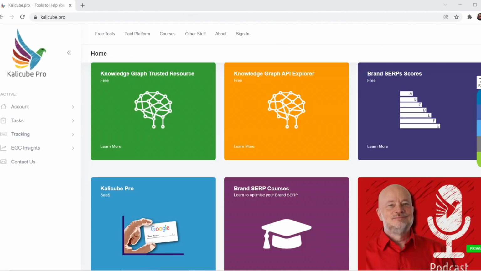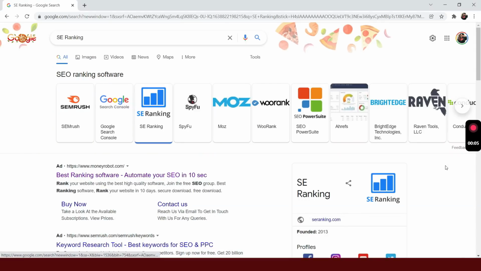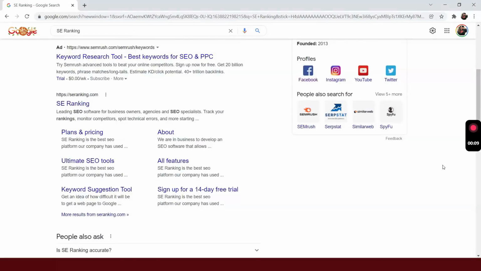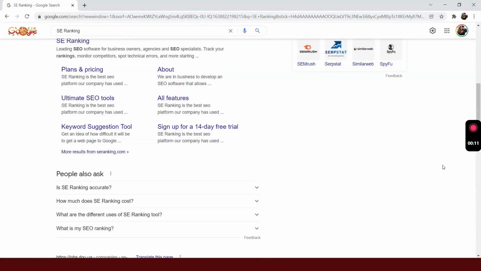It's saying, here's a company, you search for Kalicube, and it will show you equivalent companies that it thinks you would be interested in. That's a good experience for the user, not a good experience for you as a marketer. But what you can then do is say, well, if, for example, SE Ranking are showing on the Kalicube "people also search for," potentially I can show on SE Ranking's, and I can leverage from SE Ranking to me just as much as they can leverage from me to them.